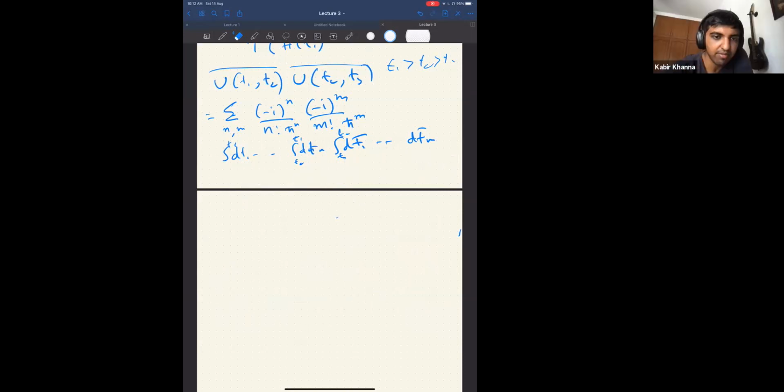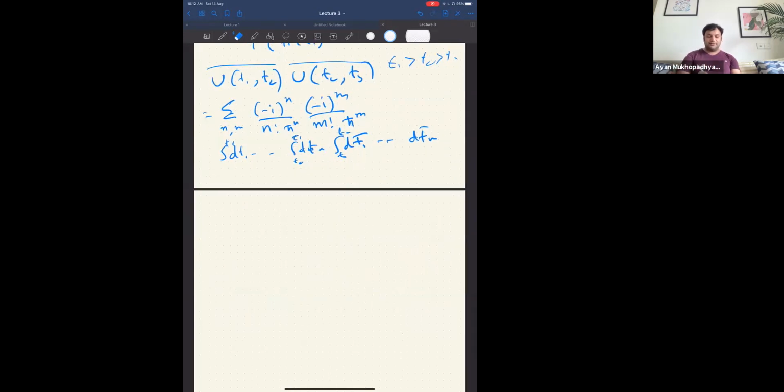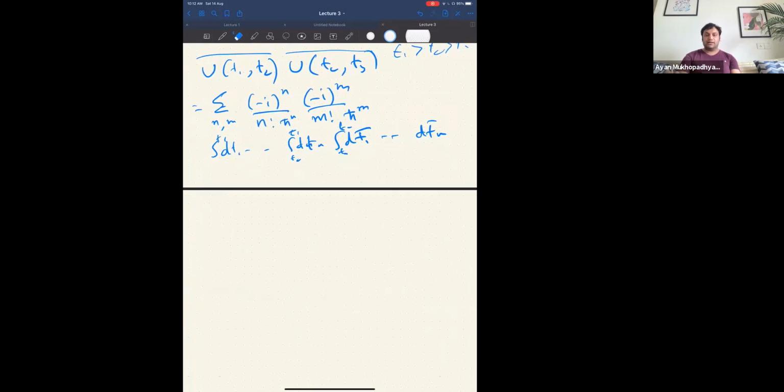Like if you put the time ordering on the whole thing, there should be some multiplicative factor that comes, right? No, there is no multiplicative factor because there is only one ordering here. Because all of this stuff was greater than this stuff, there's only one kind of ordering. You are not choosing anything here. There is no multiplicative factor. Why do you think there's a multiplicative factor?